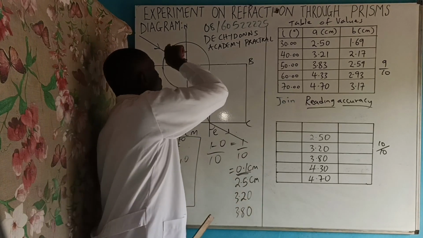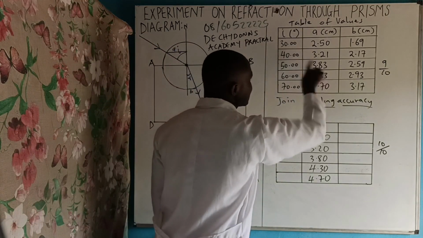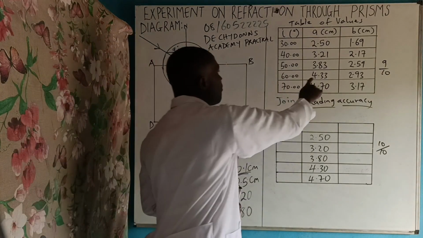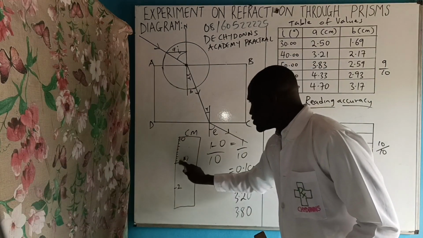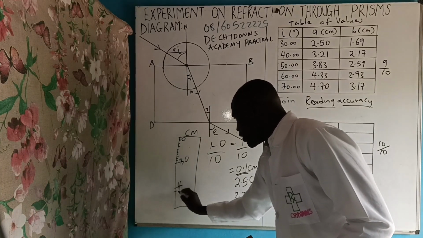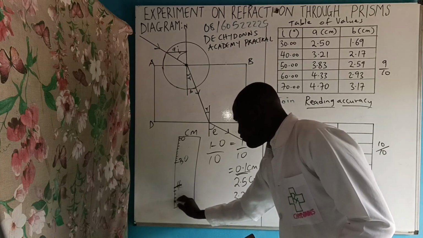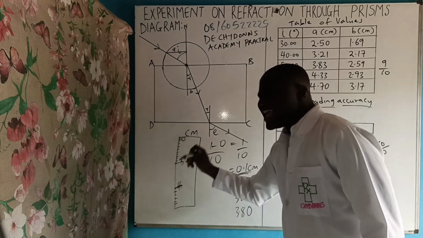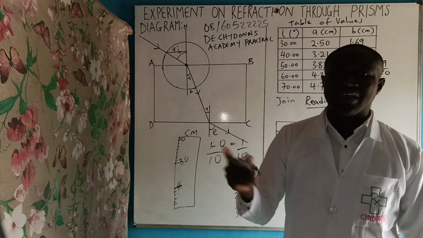So you must observe. What you mean by that reading accuracy is that you can't get 3.83 in a meter rule. What you can get is 3.8. You can't get 4.33 in a meter rule. Look at it now. Assuming here is 3 and here is 4, then 4.1, 4.2, 4.3, 4.4, and so on. So if I say 4.3, the highest thing I can get is in between 4.3 and 4.4, which should be giving you 4.35.